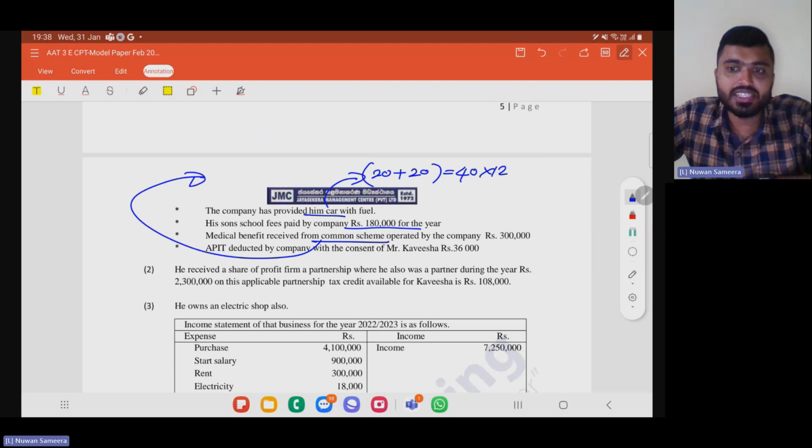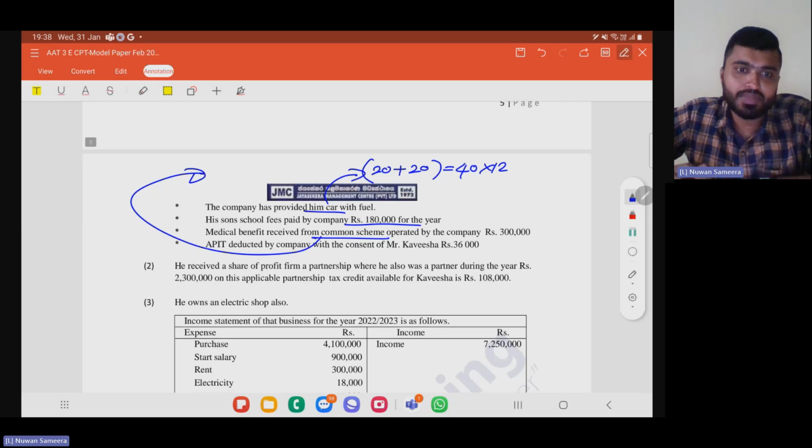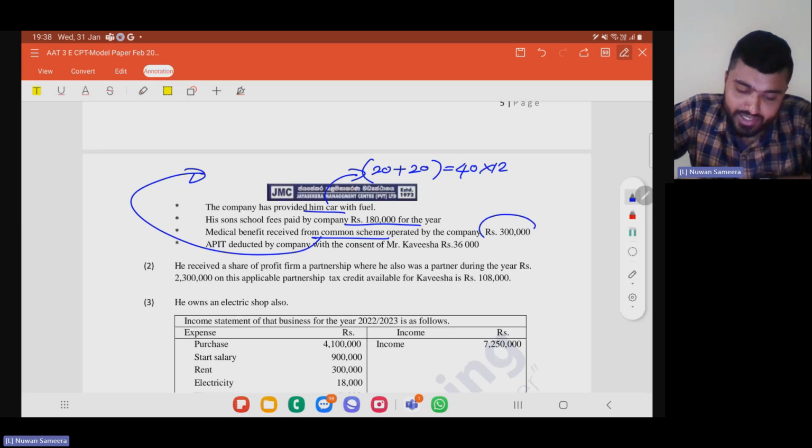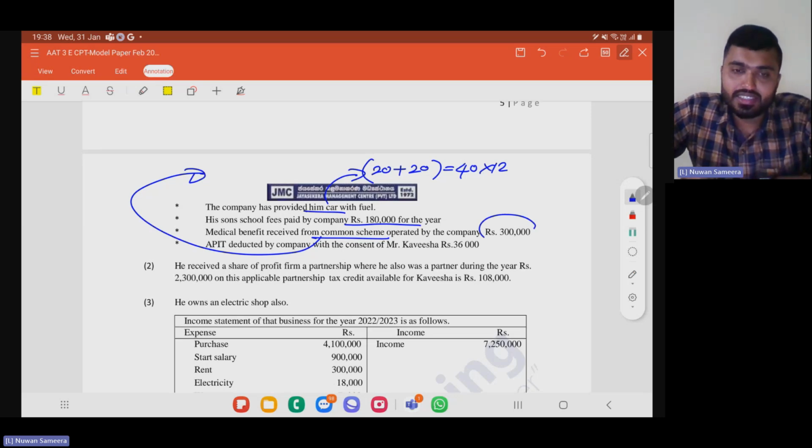If there are equal terms, so if there is a reimbursement, medical, dental or health insurance under a common scheme for all permanent employees, that should be excluded. It should not be taken as employment income. In this case, even though this 300,000 is a benefit, it is a common scheme. Therefore, this should not be taken.